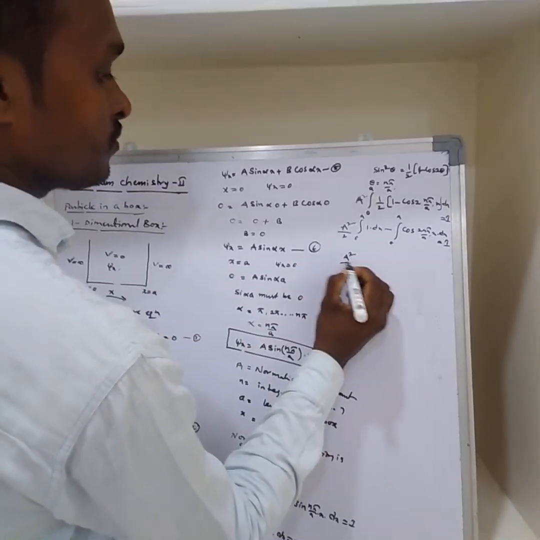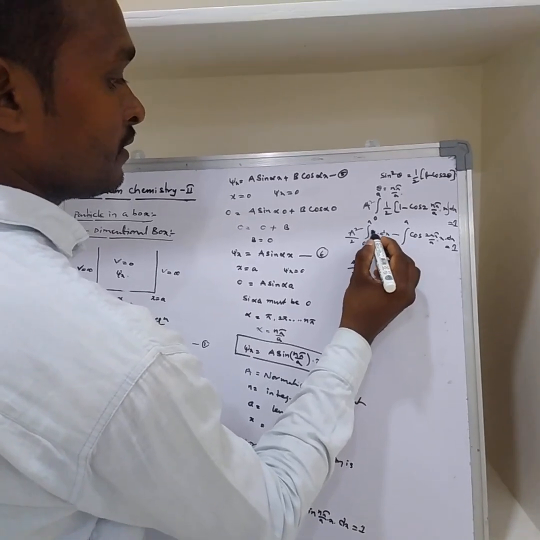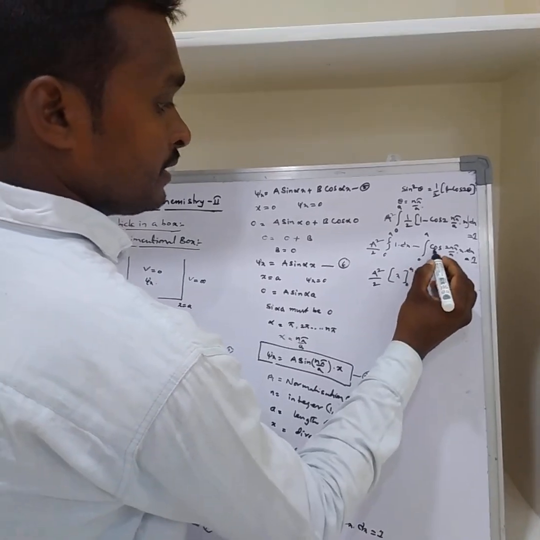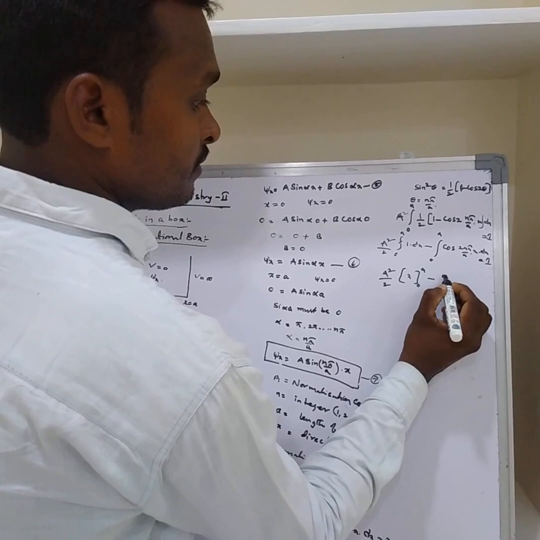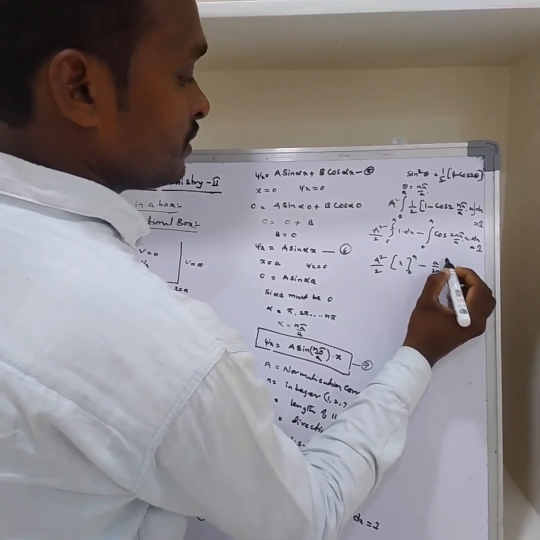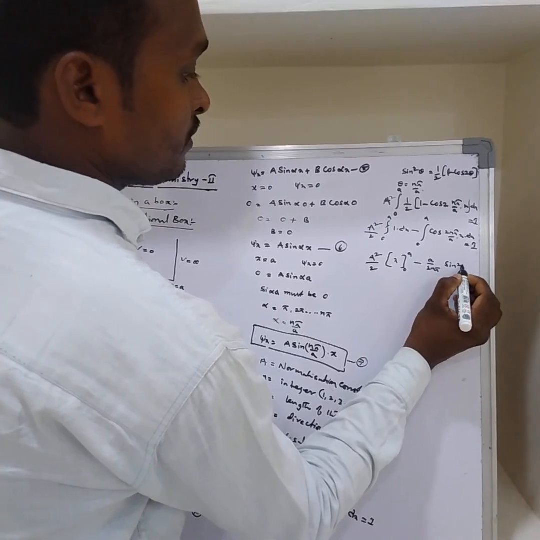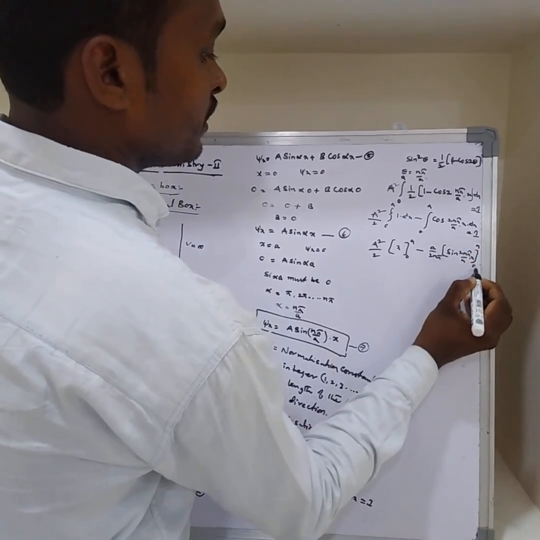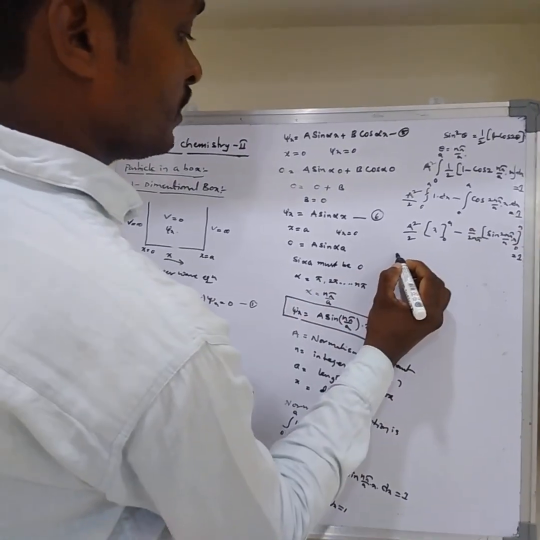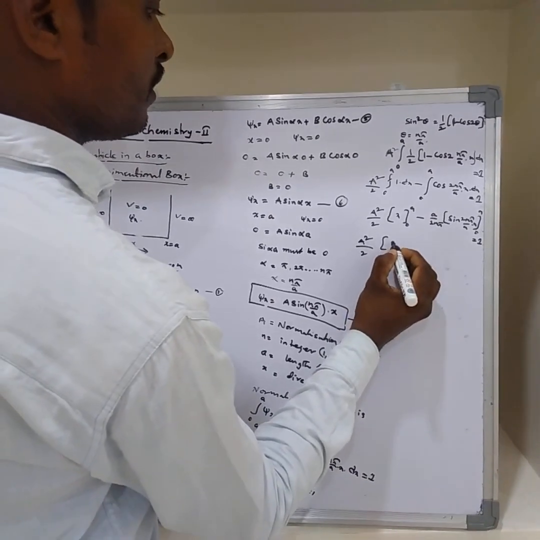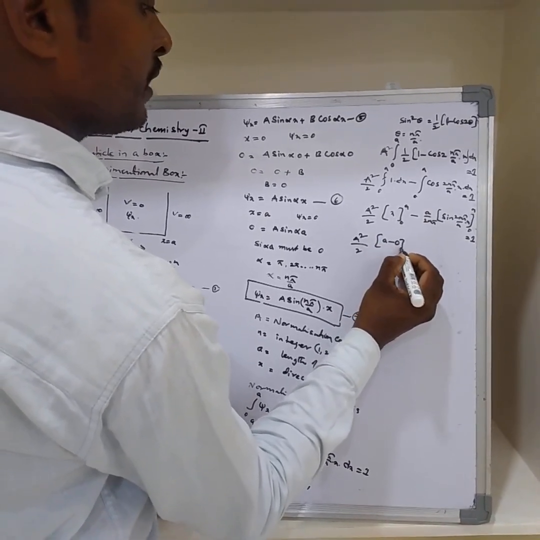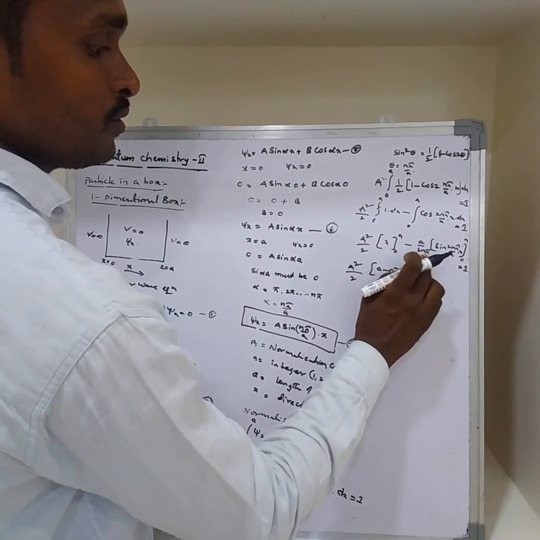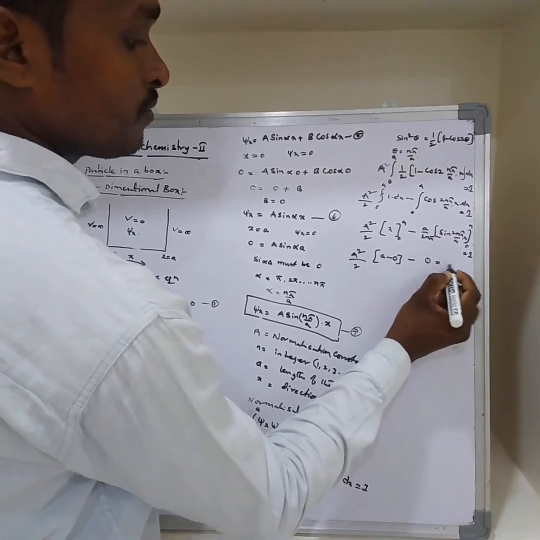So A squared by 2, integration and differentiation get cancelled: x from 0 to a, minus the integration of cos(2nπ/a x) dx, which is a by 2nπ, the constant, times sin(2nπ/a x) from 0 to a, will be equal to 1. So A squared by 2, instead of x substitute the limits: a minus 0, minus sin(2nπ). The value of sin of any integer multiple of π will be equal to 0, so this term will be equal to 0, therefore equal to 1.